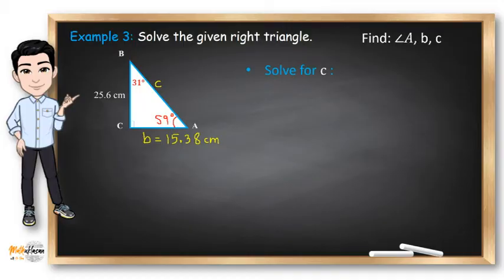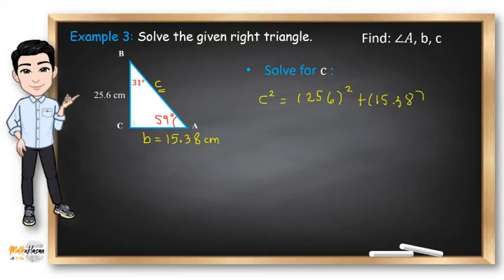For letter C, let us try using the Pythagorean theorem for a change. So, if we're looking for C, we just need to square C, which is the hypotenuse and the missing value, and it's equated to 25.6 squared, right, plus 15.38 squared. Bakit pwede na natin gamitin yung Pythagorean theorem ngayon?